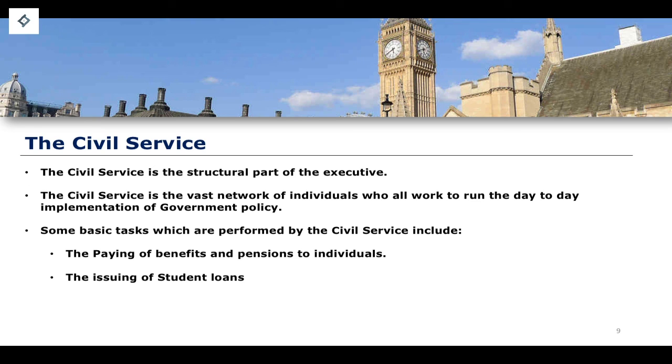That's a civil service task that those of you studying law at university at the moment will obviously be familiar with, the issuance of student loans and tuition fees, as well as the running of prisons and the issuing of driving licenses. Everything from the drafting of legislation to the issuing of student loans to the issuing of driving licenses are all things done under the remit of the executive branch, i.e. under the remit of the UK civil service.